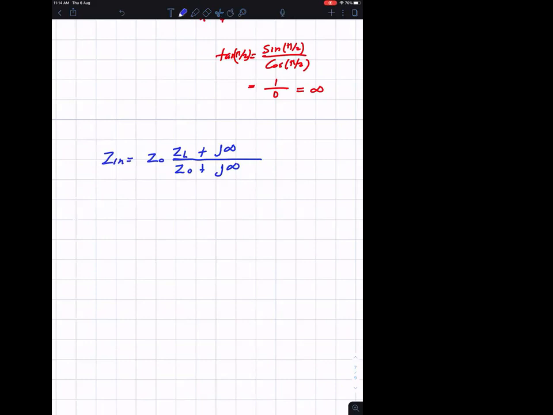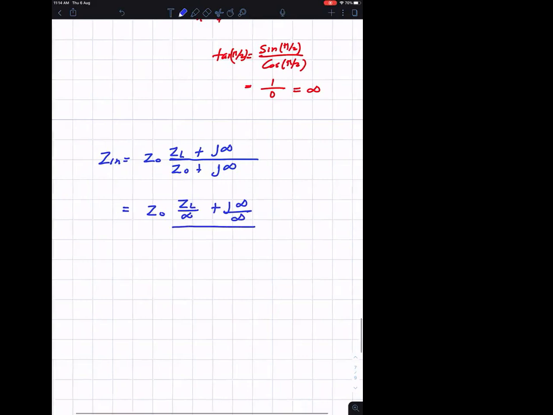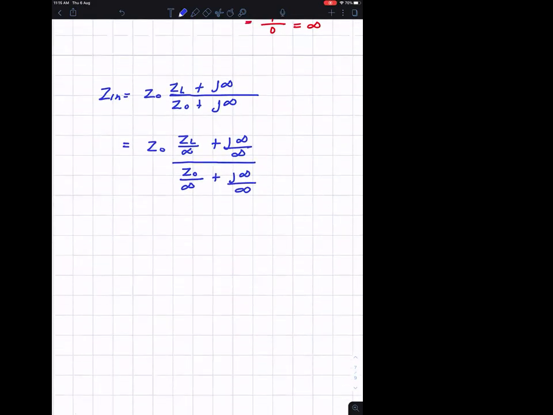Then how you do this, the way you do it is you divide through by the infinity, top and bottom. How to solve this? You divide through each term by infinity.